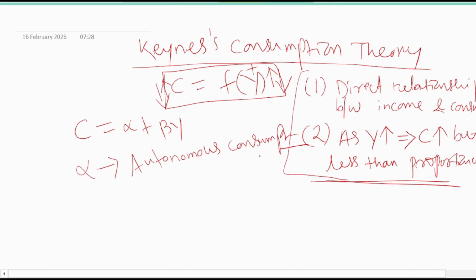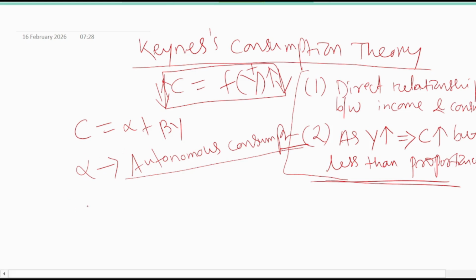Autonomous consumption means, in economics we already know that every individual needs to survive, and for his or her survival he or she needs a fixed amount of consumption every day. So even if his income is zero, every person needs to consume a minimum amount of goods and services, which is called autonomous consumption.